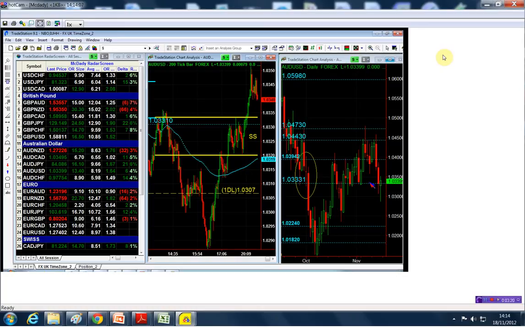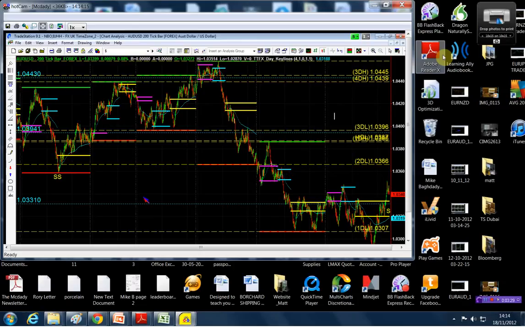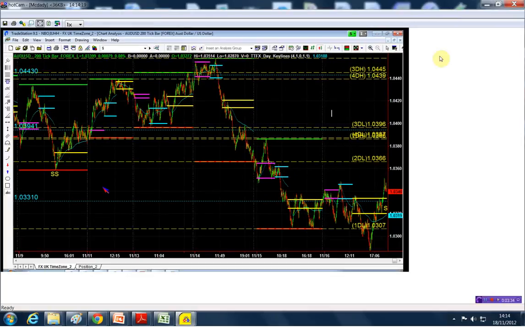And on the long side, if I wanted to buy this, I have to find a place where I can buy it on this chart. And the only place I can buy is right here above the 103.66, and I have another structure point, which is the blue line, 103.94.